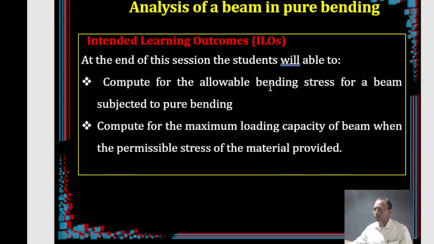Sometimes you may be required to calculate the bending stresses, or sometimes the loading capacity of the beam. You may even need to calculate the span of the beam, how much span the beam requires in order to carry the loads, right?